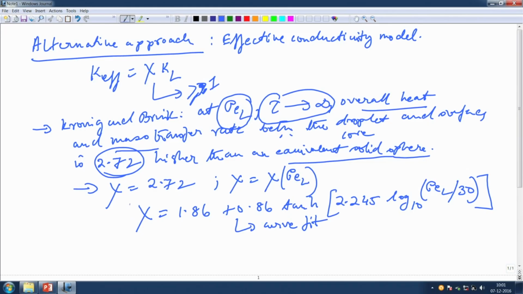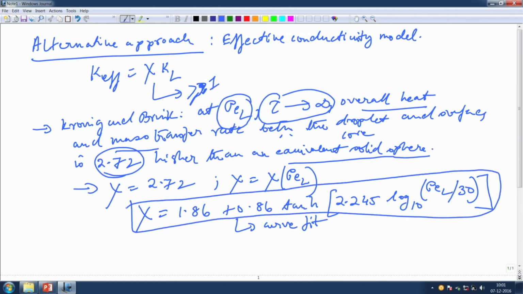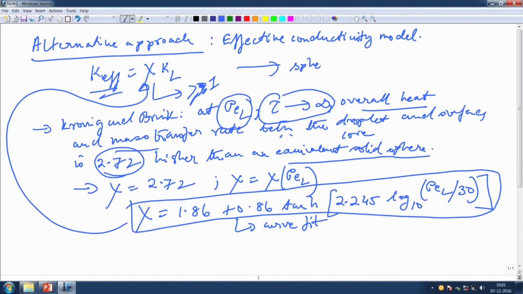If you evaluate this factor depending on the liquid phase Peclet number and use it to enhance the thermal conductivity, then you can get away with just solving the spherically symmetric heat conduction equation that you do for a normal solid sphere.